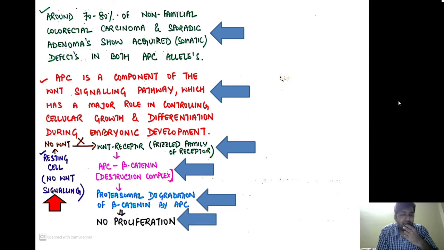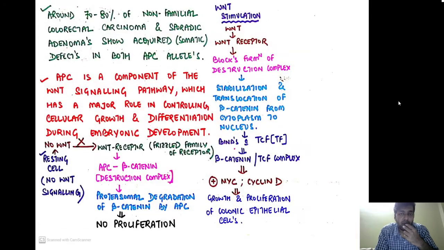Remember, beta-catenin is a transcription factor that is necessary for growth and differentiation. How it causes growth and differentiation, we are going to see further. When WNT stimulation is there, for example when a cell requires growth and stimulation, the WNT will bind with the WNT receptor, and once the WNT binds with the WNT receptor, there is a blockage in the formation of the destruction complex.